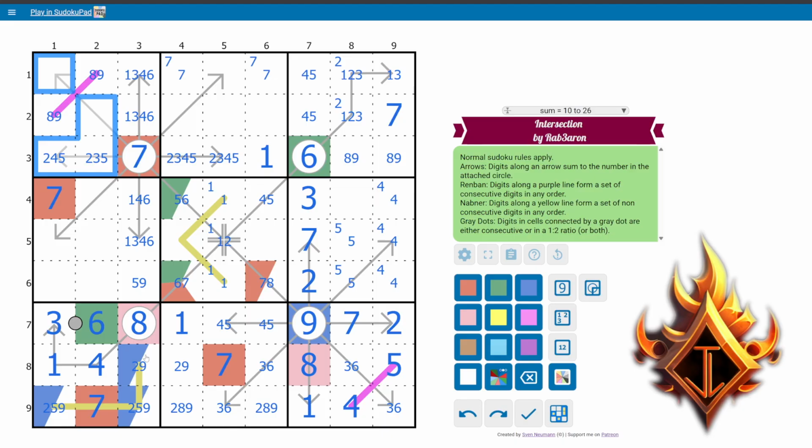I suppose it can. 2, 5 can still go here. So 5-2 could go there. Okay, yeah.